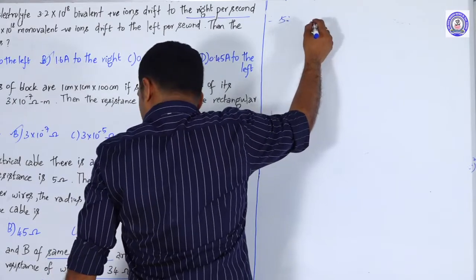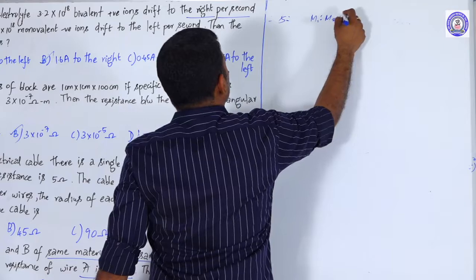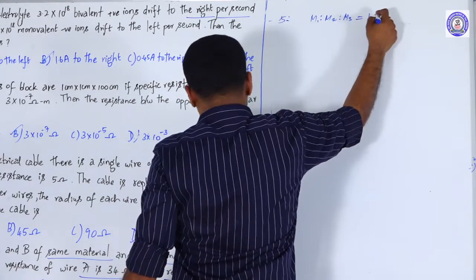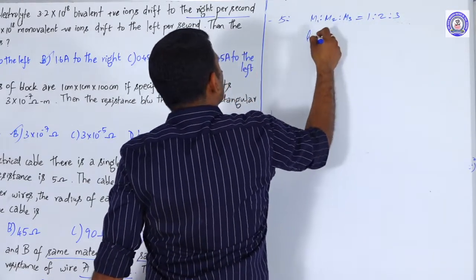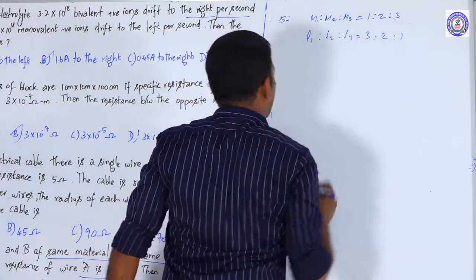The ratio of masses M1:M2:M3 is equal to 1:2:3. Ratio of the lengths L1:L2:L3 equals 3:2:1.